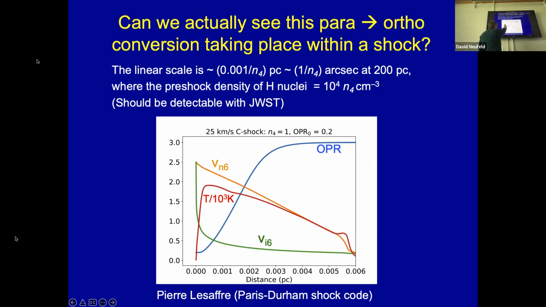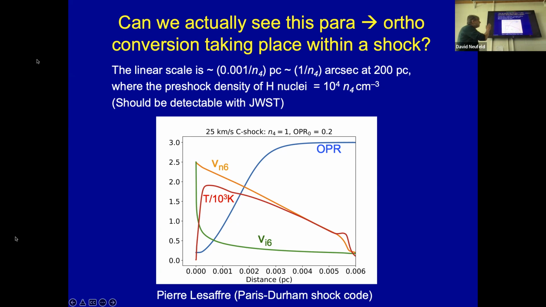And while this is happening, the flow is decelerating. So this is a shock that started at 25 kilometers per second. So the velocity flowing in was 25, in units of 10 kilometers per second. That's the orange curve. And then it gradually decreases at the same time as the ortho to para ratio in this model is gradually increasing.